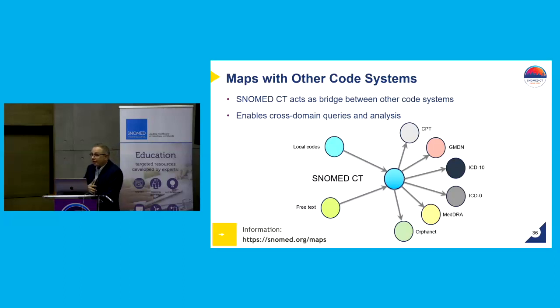We collaborate with so many people, and we create maps from SNOMED to those things, because we realize that it's not just about SNOMED, it's how you can use it as a linkage system, either from your local codes to SNOMED or SNOMED to these things.